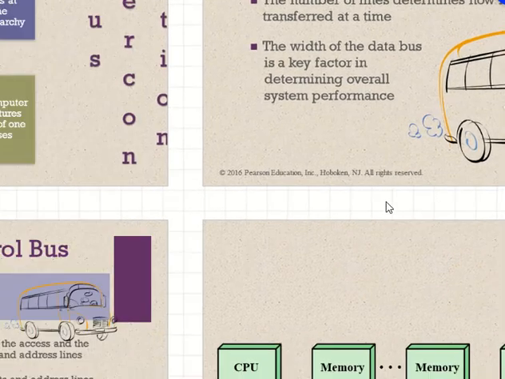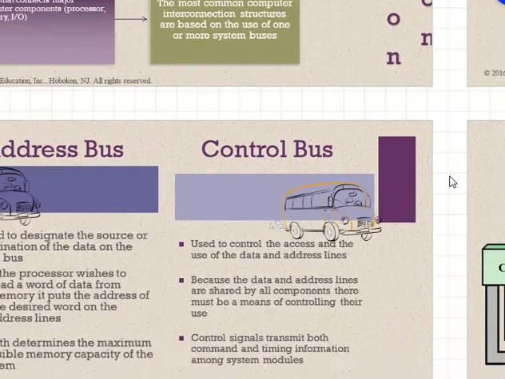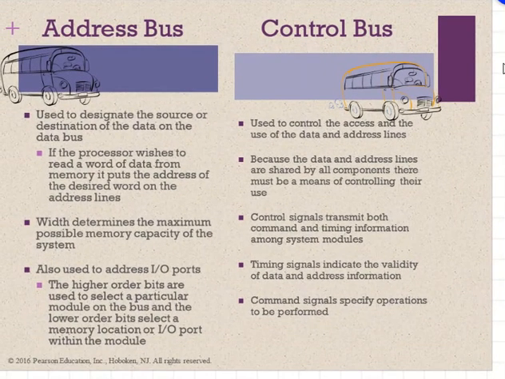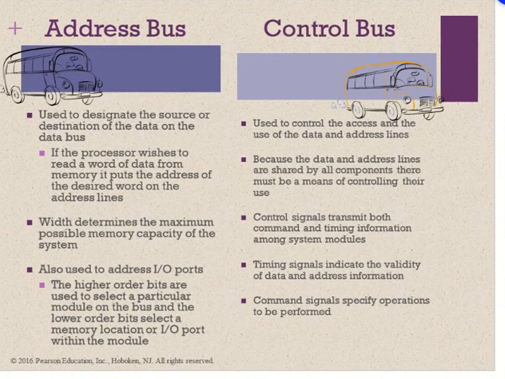Next we move on to the other types of buses, like the address bus and control bus. The address bus is used to designate the source or destination of the data on the data bus, because we need to know where to write the data in memory.